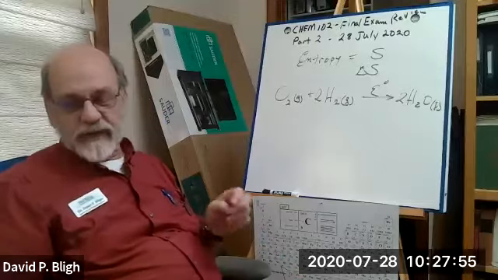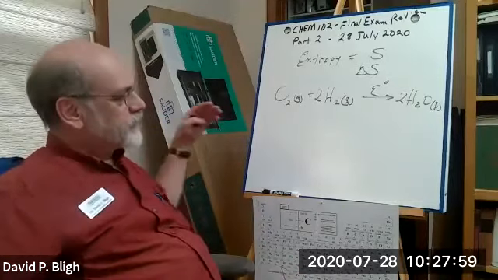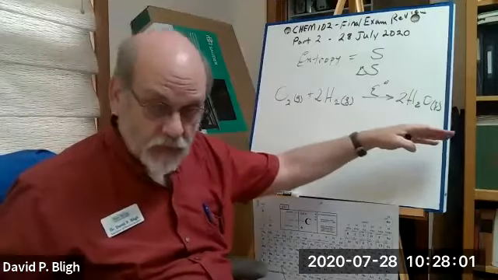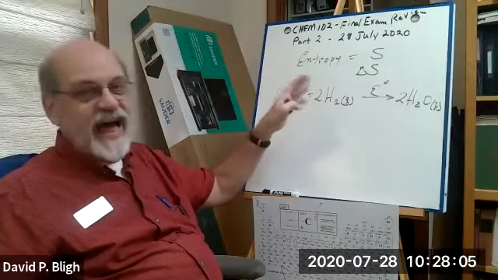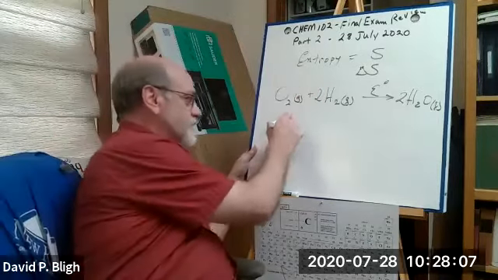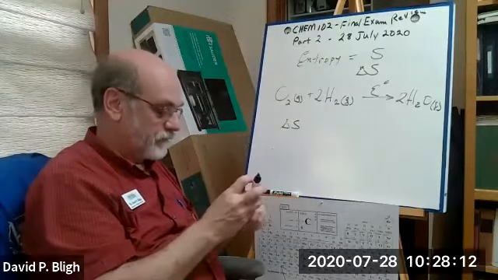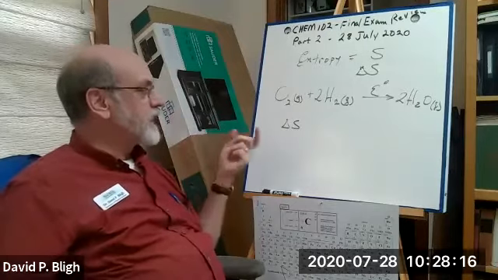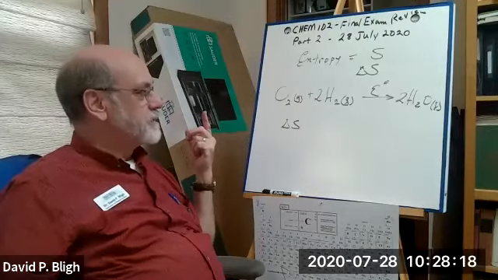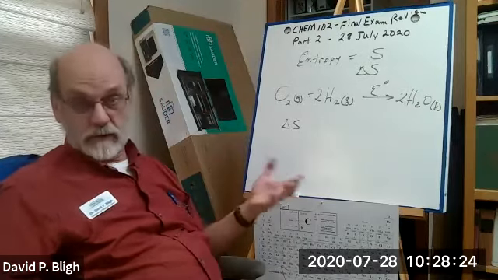And we want to say something about, if we're watching the reaction go from left to right, of course, what can we say about the sign on delta S? How does entropy change in this case? Well, you look at the amount of disorder, right?